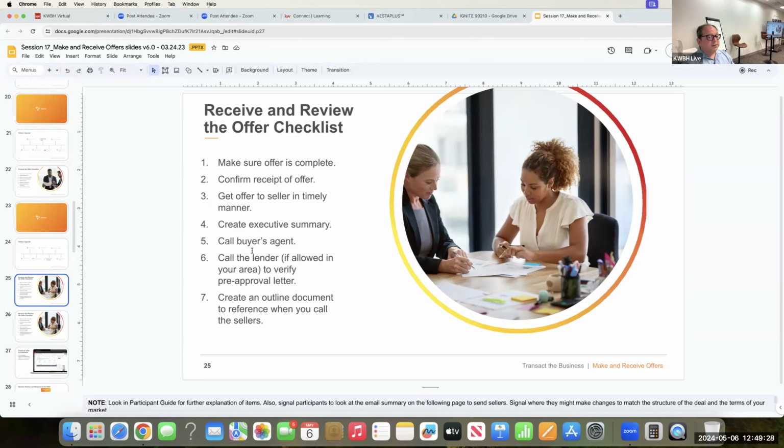Call the buyer's agent, call the lender to verify the pre-approval letter. If you're calling the lender, I'm not calling Chase or Wells Fargo. But if I get a pre-approval letter from ABC Loan Servicing, right? I'm going to call the lender and say, hi, I just received an offer from your client so-and-so.